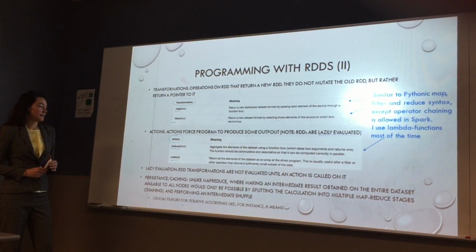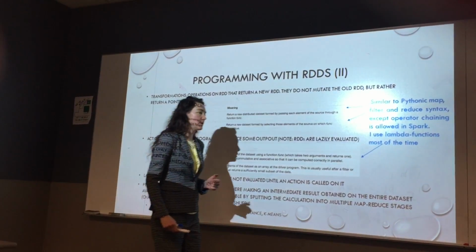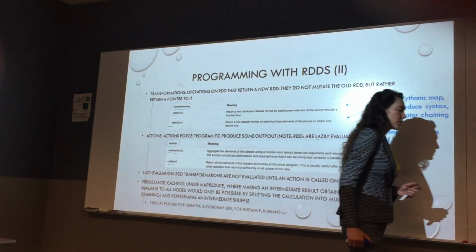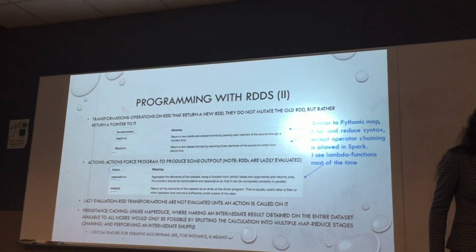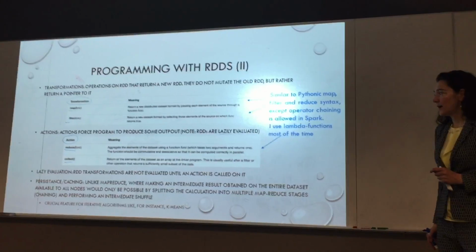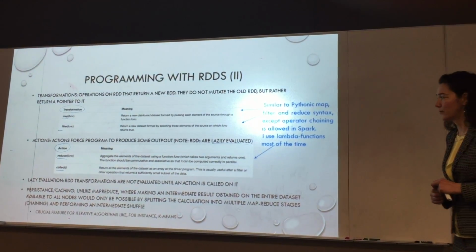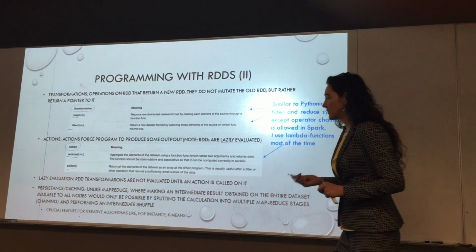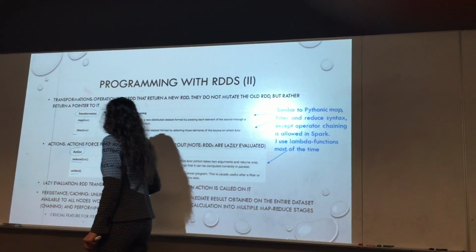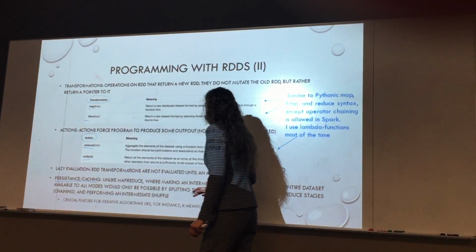Another thing is that Spark allows for what is called persistence. Persistence means that we can cache some of the data, and we can choose the way that we cache it or keep it in memory. And that is the major difference from MapReduce. MapReduce does not have this function.